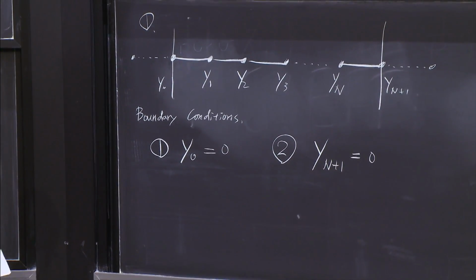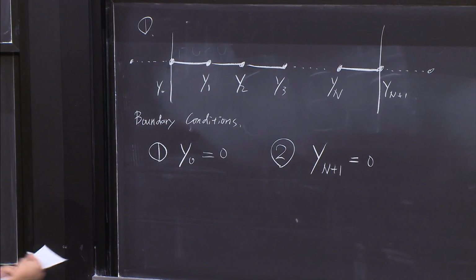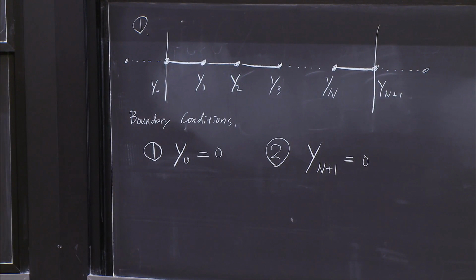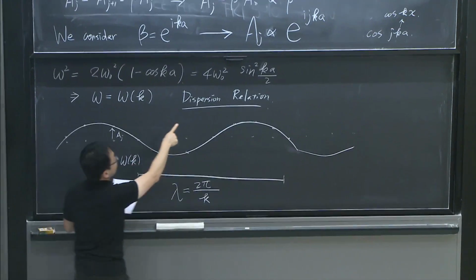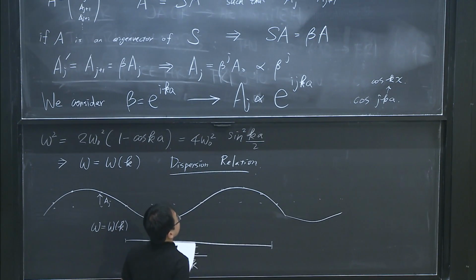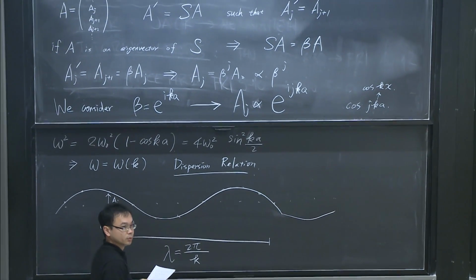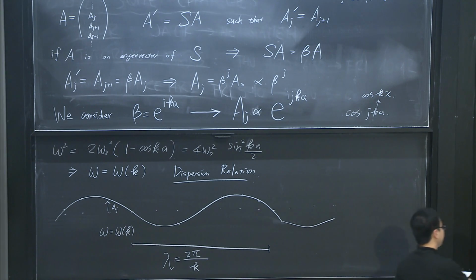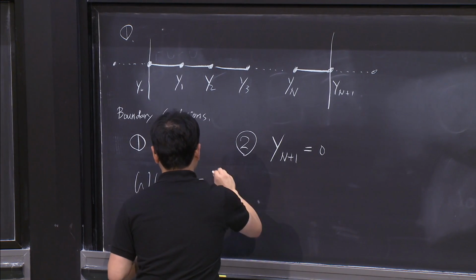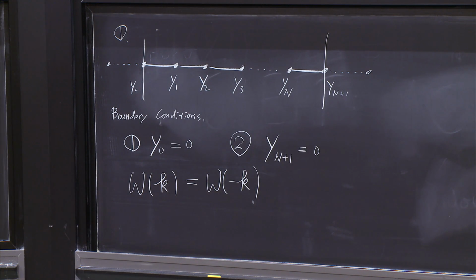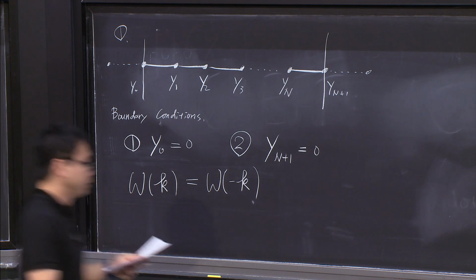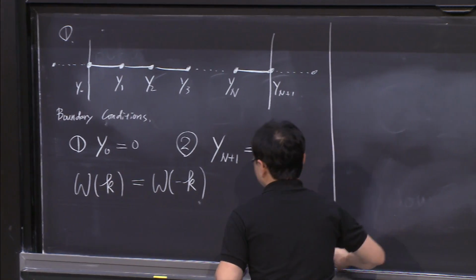So the first thing which I would like to say is, based on the functional form of omega squared, that is equal to 4 omega 0 squared sine squared ka over 2, what we have is that omega k is equal to omega minus k. Both of them will give you the same angular frequency. Therefore, what does that mean?